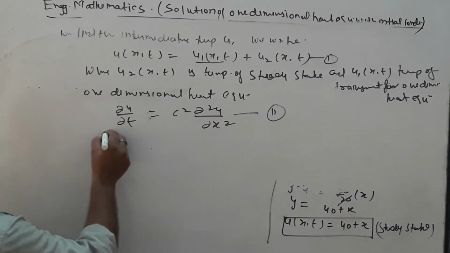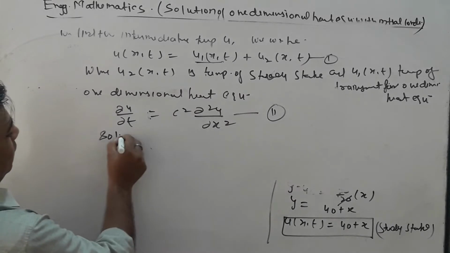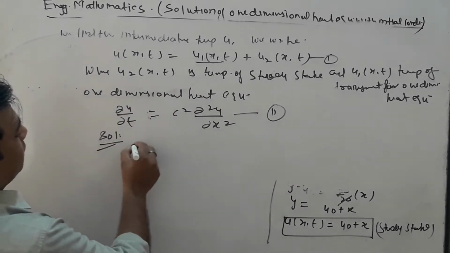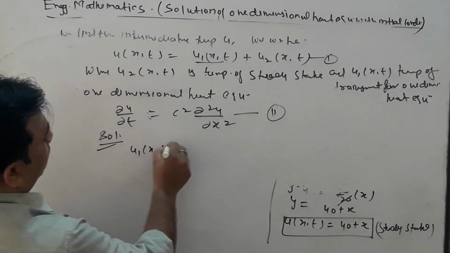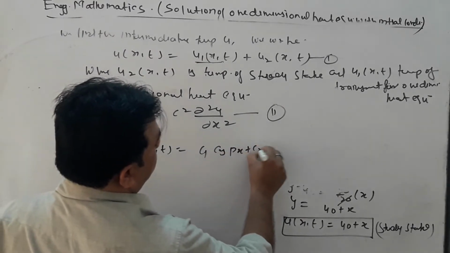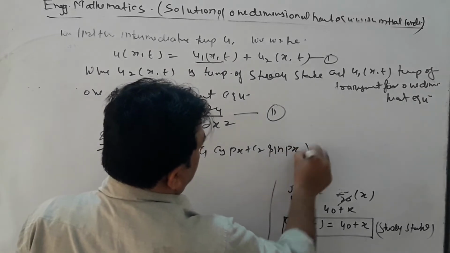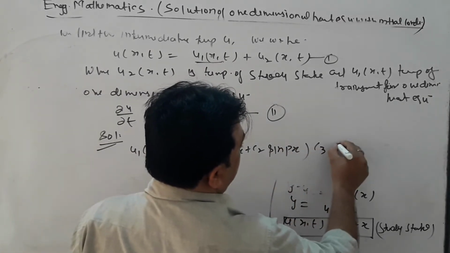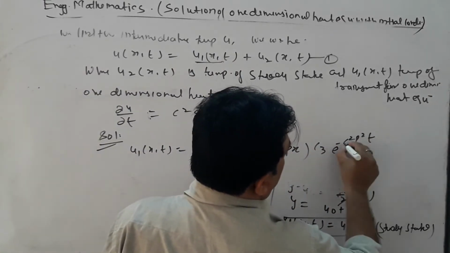So the solution, we write u1(x, t) equal to (c1 cos px plus c2 sin px) c3 e to the power minus c square p square t.